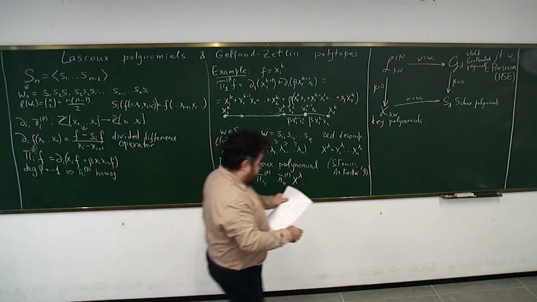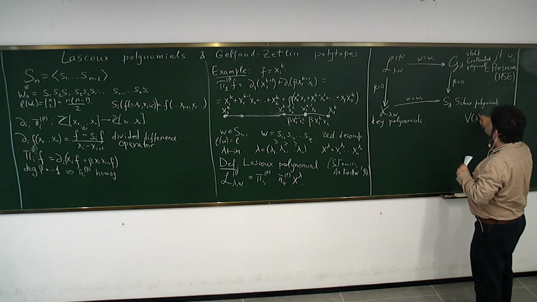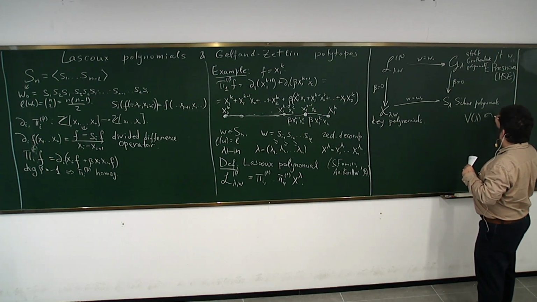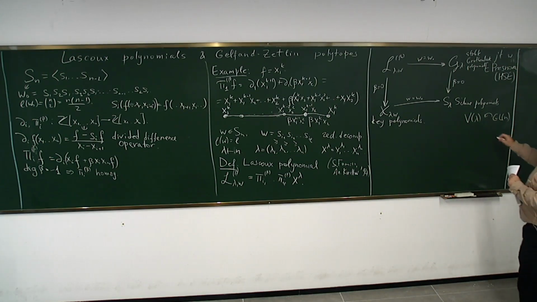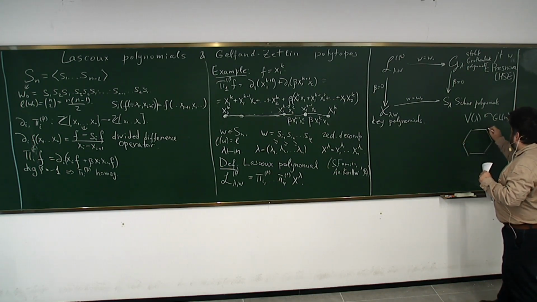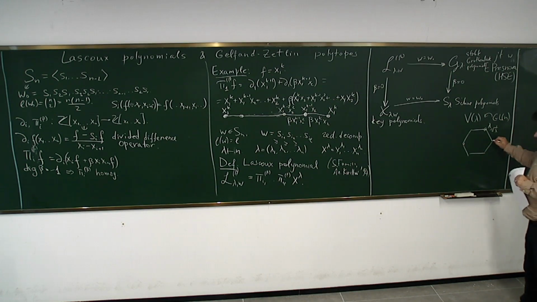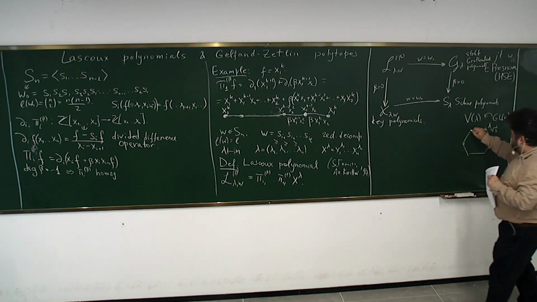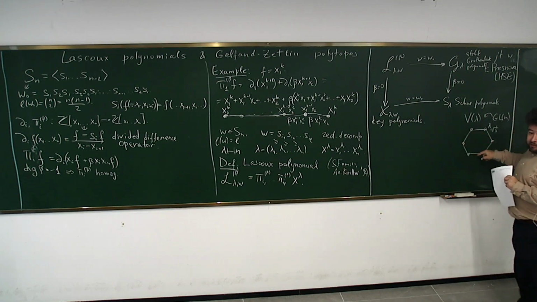So if you take, let's say, representation V lambda, a GL n module, well, you can just draw the weight polytope, and there you have the highest weight lambda and the highest weight vector, say, and then you can act by the Weyl group and get these elements, like extreme vectors.